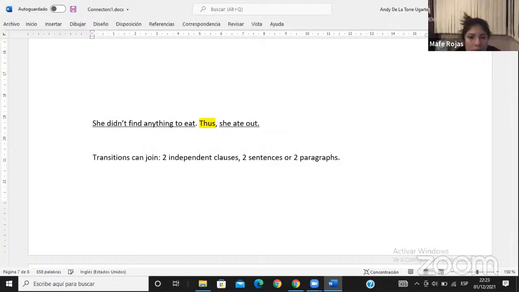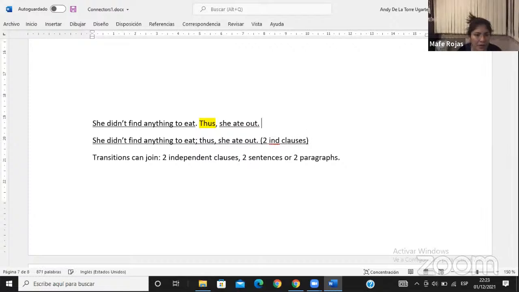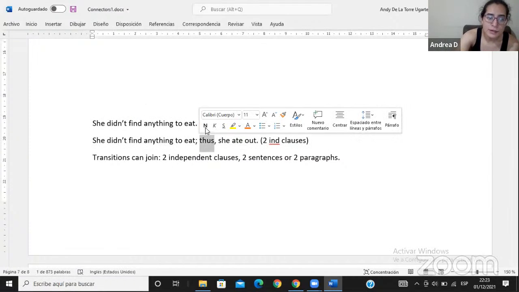Now, when it joins two independent clauses, it will be something like this. She didn't find anything to eat; thus she ate out. Now it's joining two independent clauses. So now look at the grammar part.